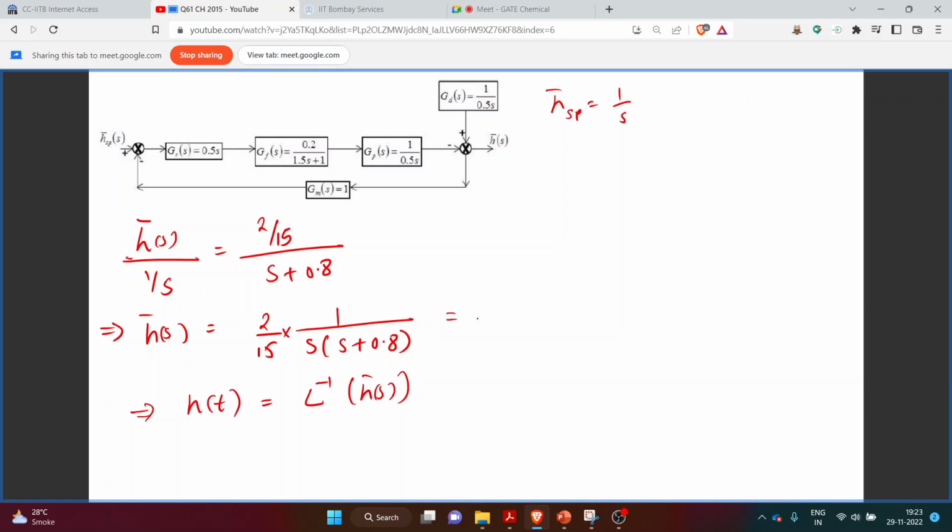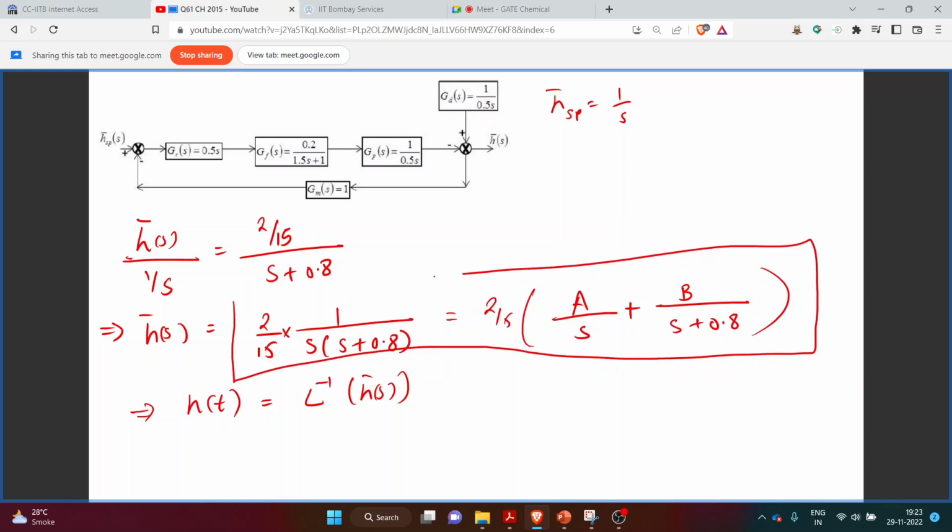We can write this as 2 by 15 into a upon s plus b upon s plus 0.8. Now using this equation we have to find the values of a and b. What we will do is first multiply this equation by s, and then we will get the value of either a or b.